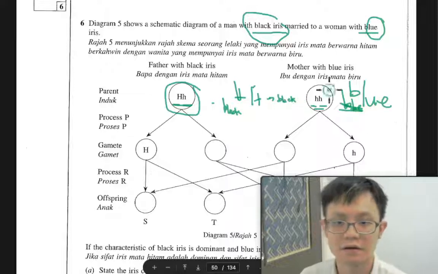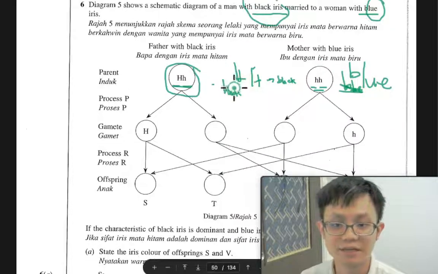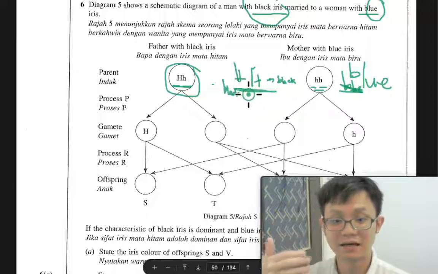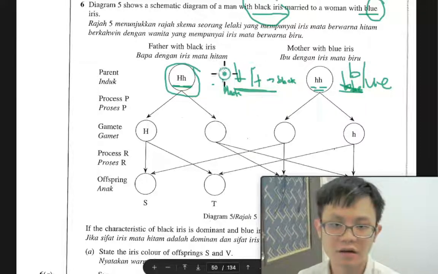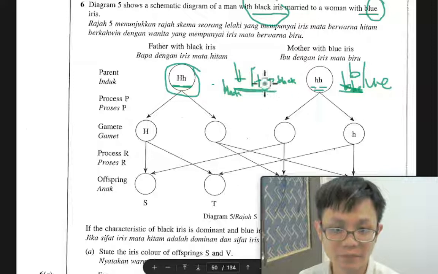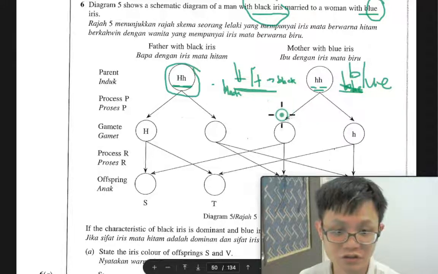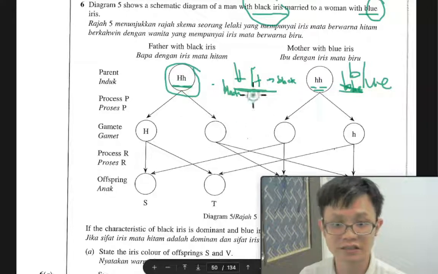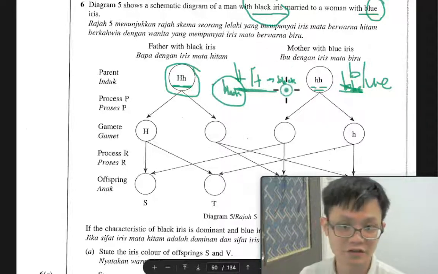Because both are dominant, and dominant will mask the phenotype of the recessive gene. It will mask the effect of the recessive gene. So we can see that big H big H you get black, big H small h you get black.